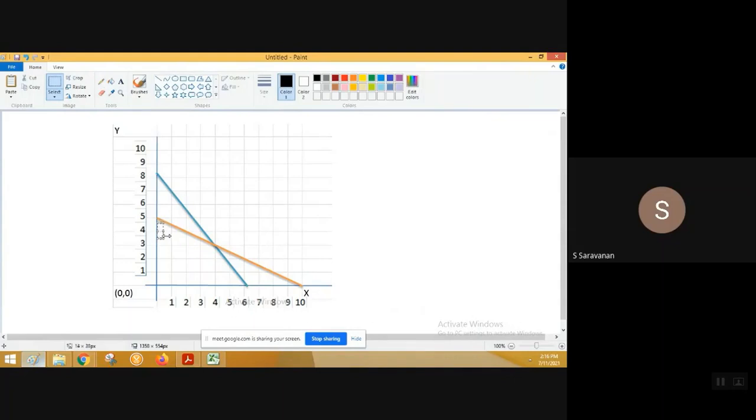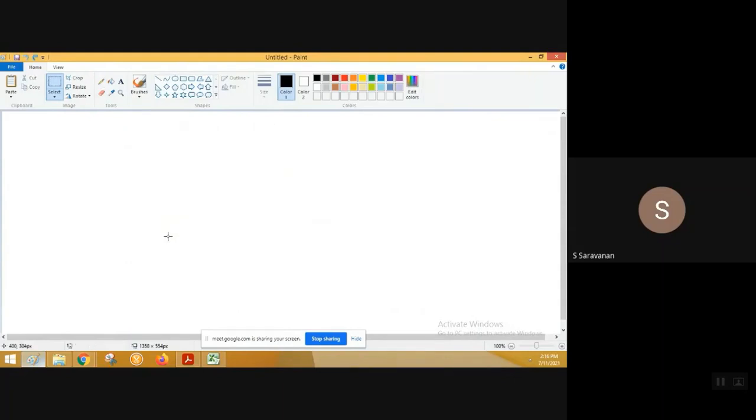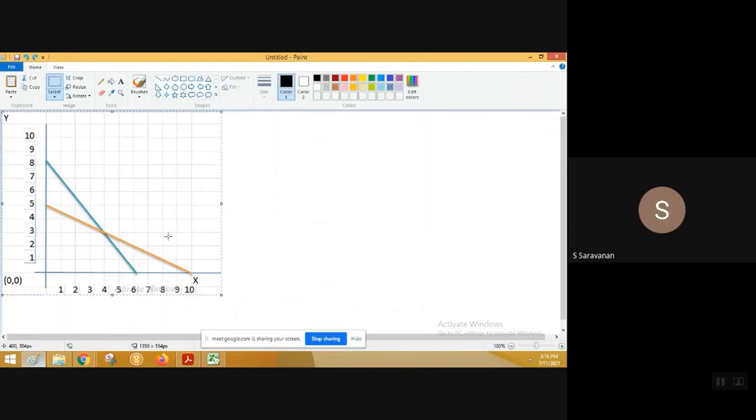Okay, just a minute. I'll just draw the common area here. So this will be the common area for both the equations.